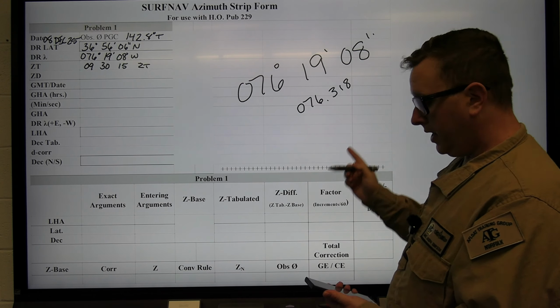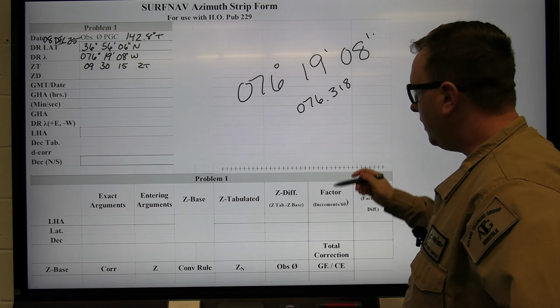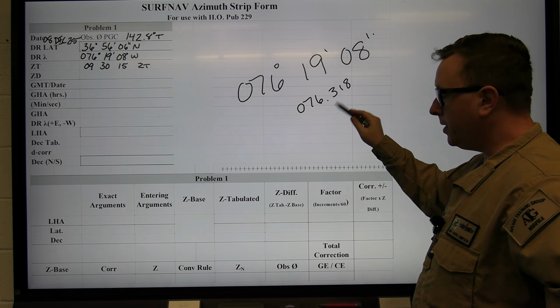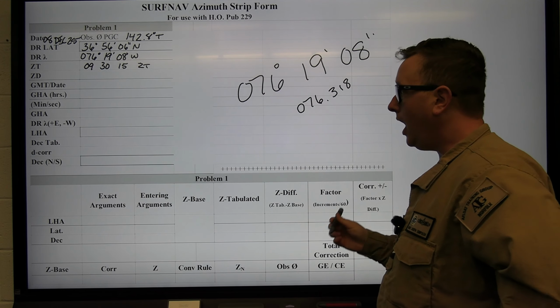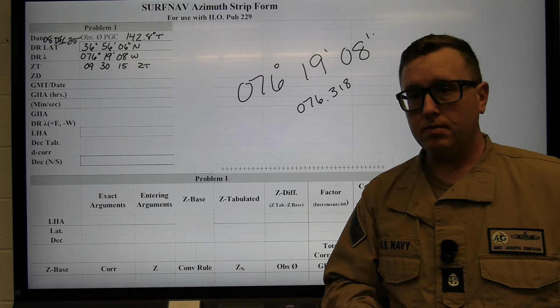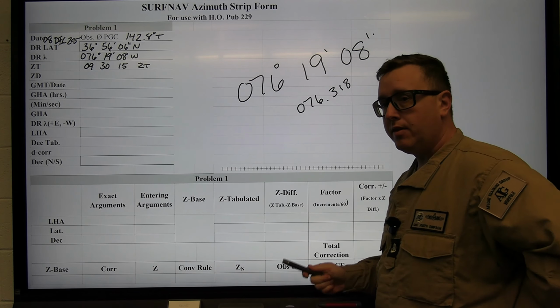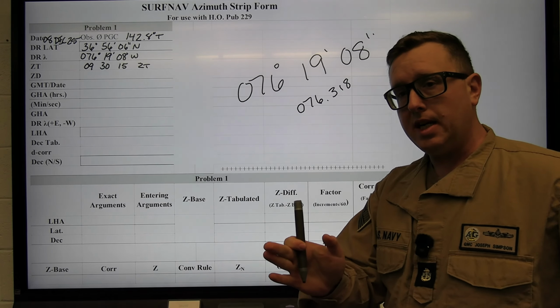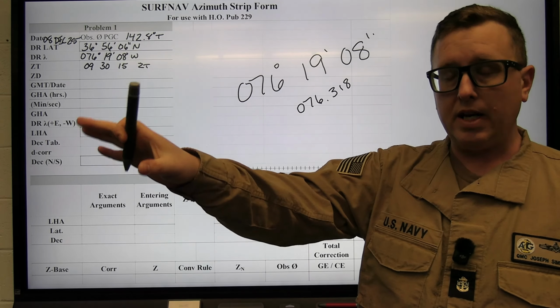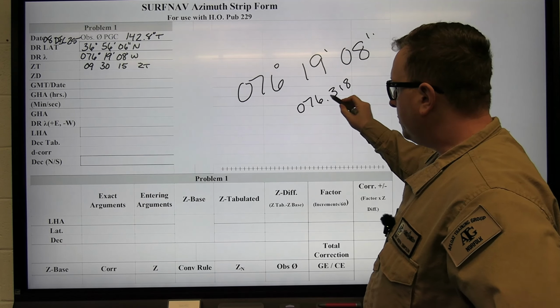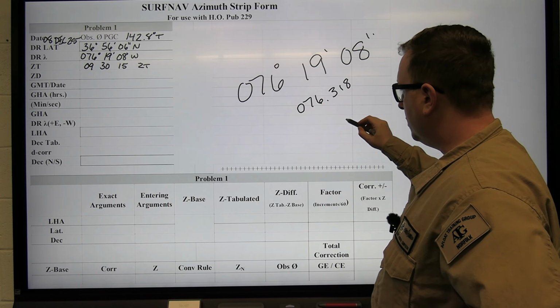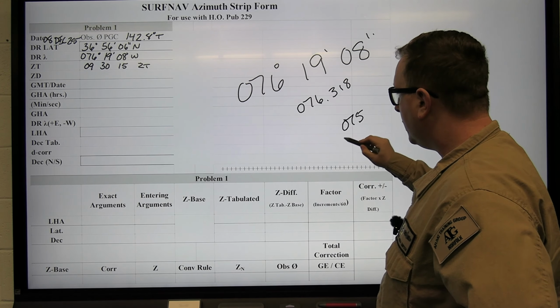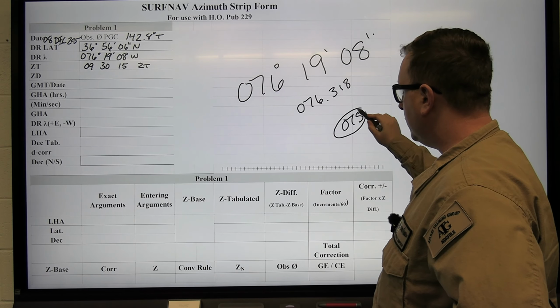If this 0.318 was above 0.5, I would bring it into the next time zone, because that 0.5 is 7.5 degrees on the other side of that time zone. You're in the other time zone. But since it's less than that, and we're closer to 0.75, we're going to use this time zone.